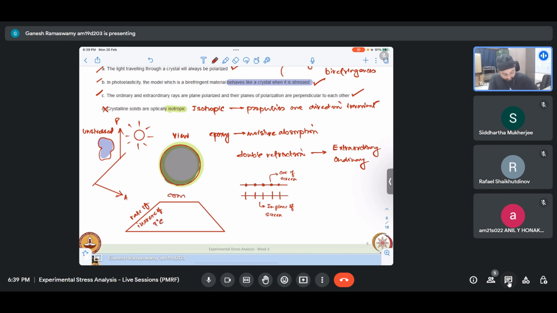Then we have to hold it constant for a while, then bring it down, the cooling cycle. These cycles are generally mentioned for each and every epoxy. These are available in research literature. So we simply take the model and put it in a furnace and subject it to thermal cycling.